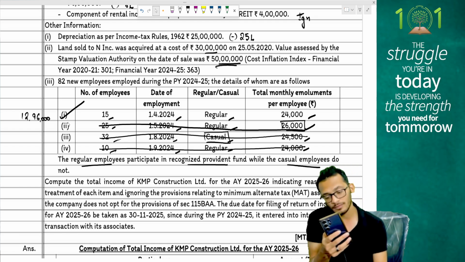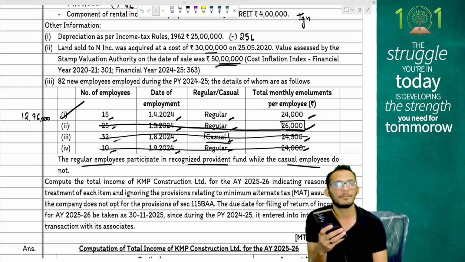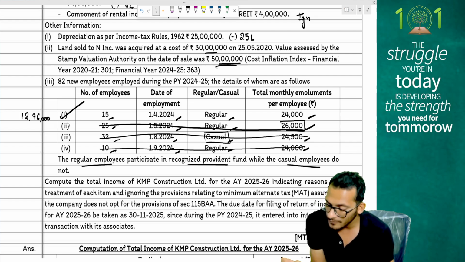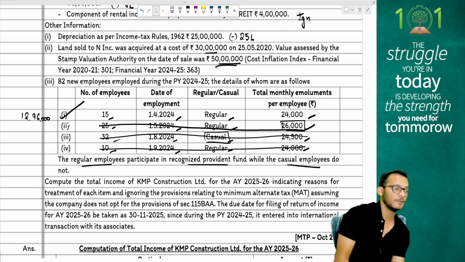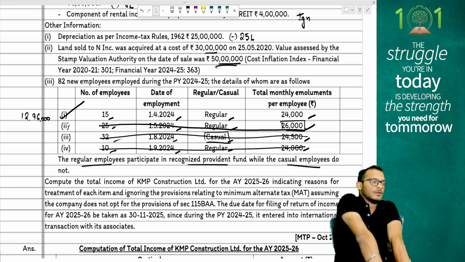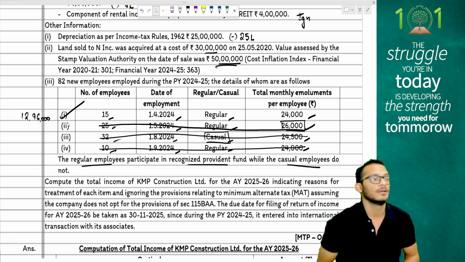Also, the 10 employees have been deferred since they have not been employed for 240 days. This is your 15 marks.